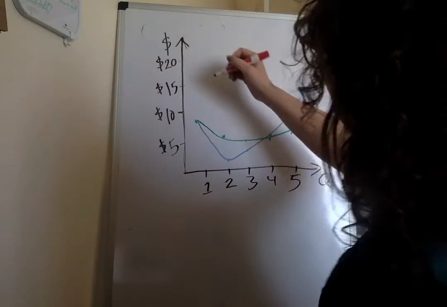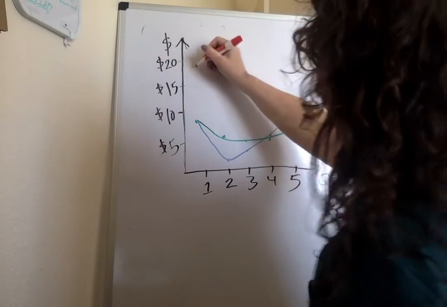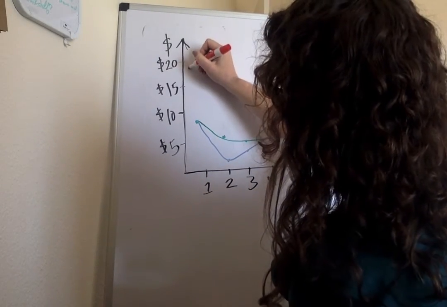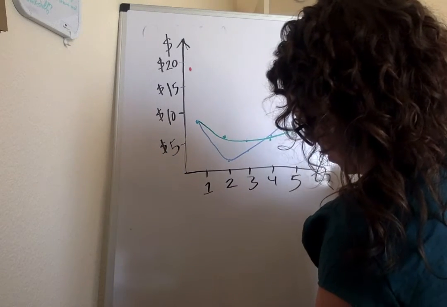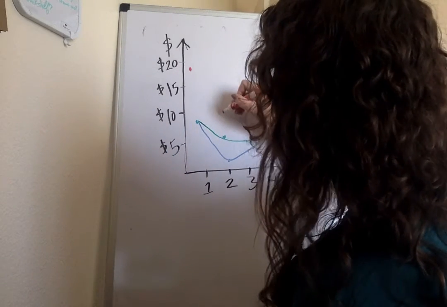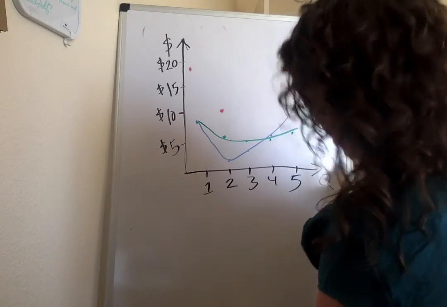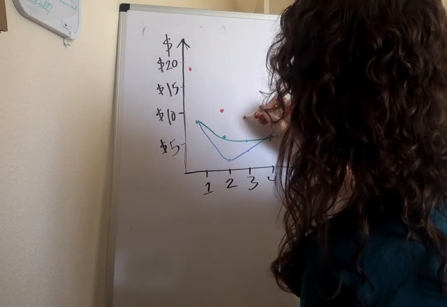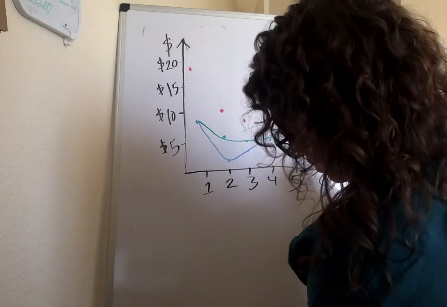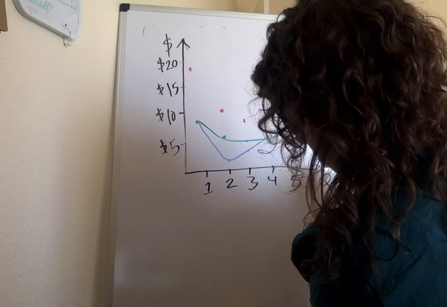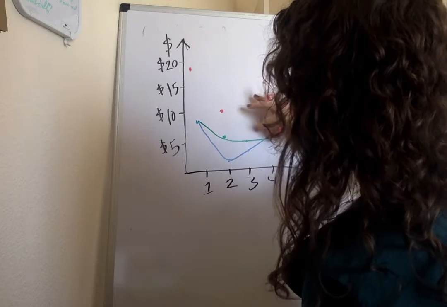So average total cost starts up here at $18, and then goes down to $10, and then goes down to, oh wait, no, it goes down to $8 and then $7.50.